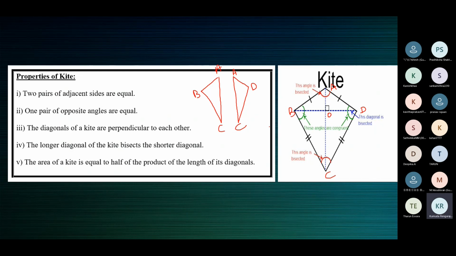That's why it's a kite. Two pairs of adjacent sides are equal; that's the definition of a kite.